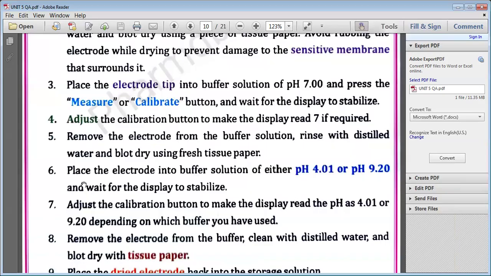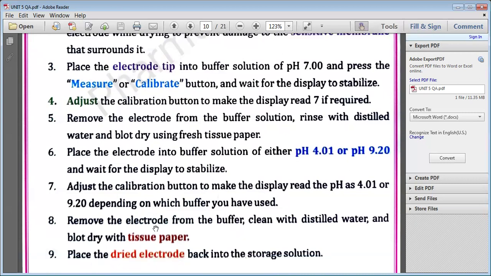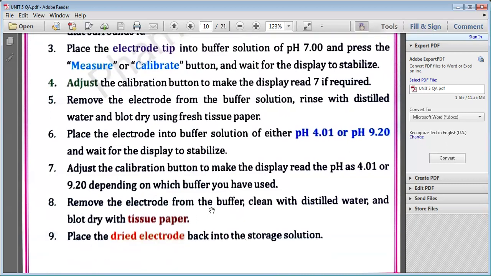Place the electrode into a buffer solution of either pH 4.01 or pH 9.20. One is the acidic buffer and one is the basic buffer. Wait for the display to stabilize, and adjust the calibration button to make the display read 4.01 or 9.20, depending on which buffer you are using.